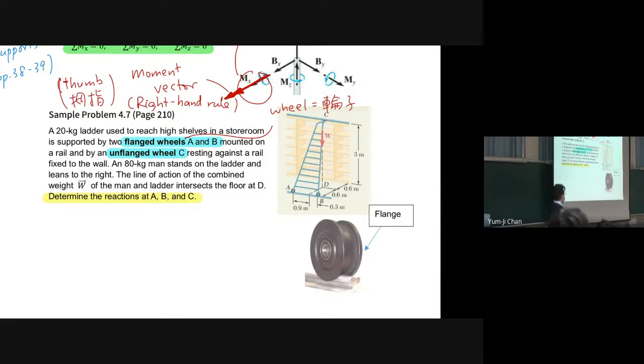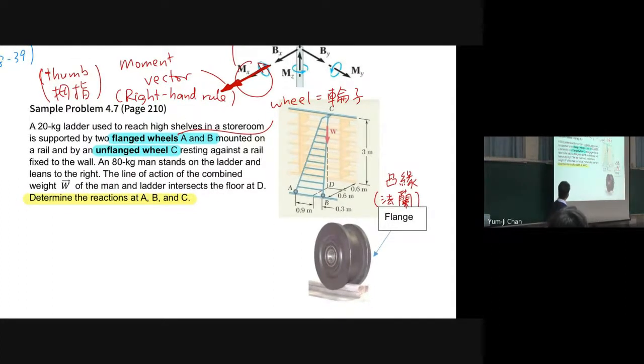But about flanged, what is flanged? Officially the Chinese is this one, but in your future courses you will know that it has another Chinese name, this one.